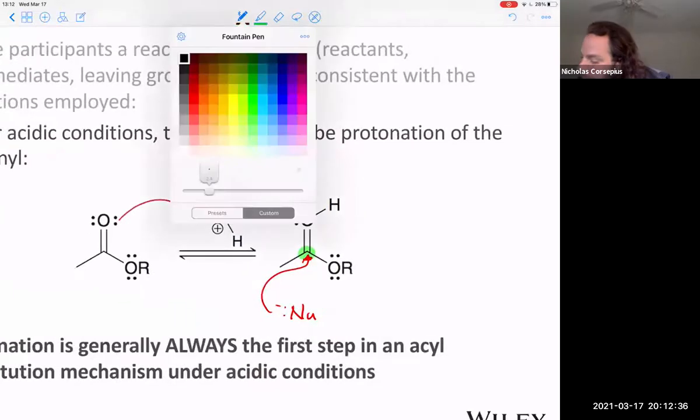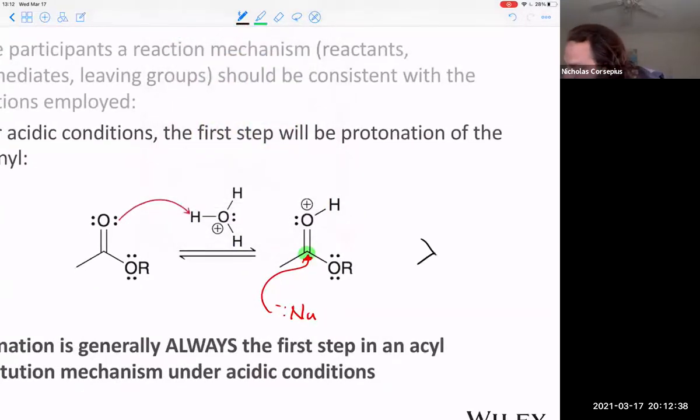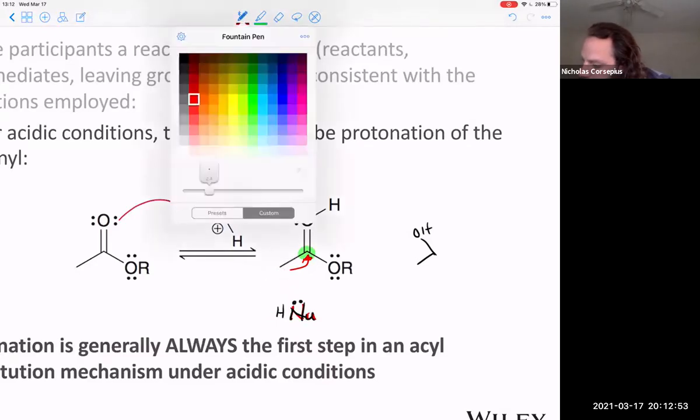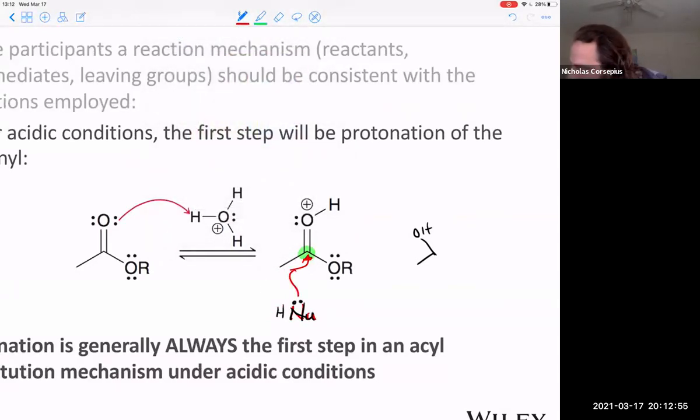the tetrahedral intermediate that's created does not have any negative charges in there.